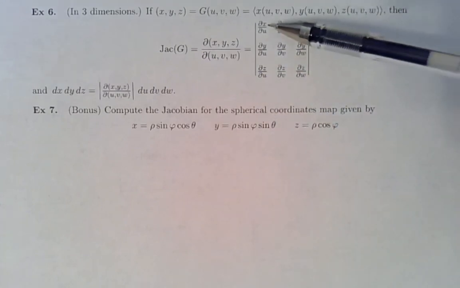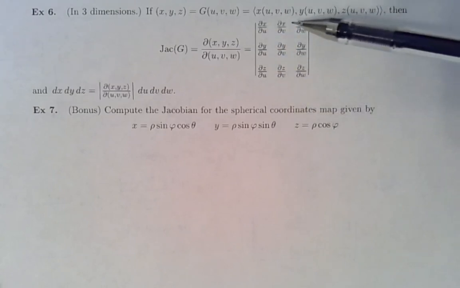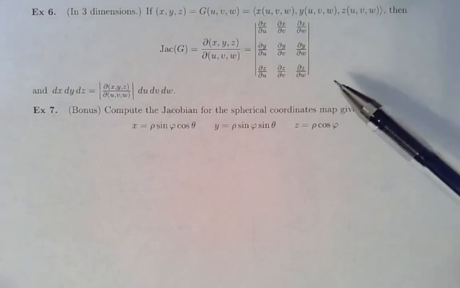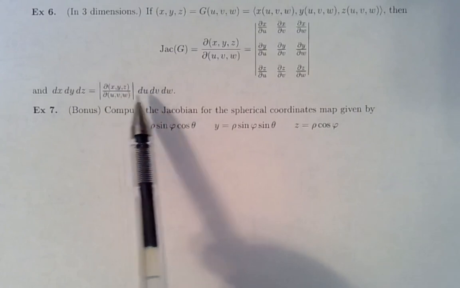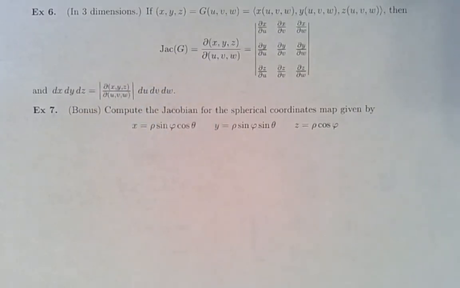Take the derivative of x, y, z with respect to u, with respect to v, with respect to w, and then calculate the determinant that way. And then dx dy dz will be the same as du dv dw multiplied by the absolute value of the Jacobian.